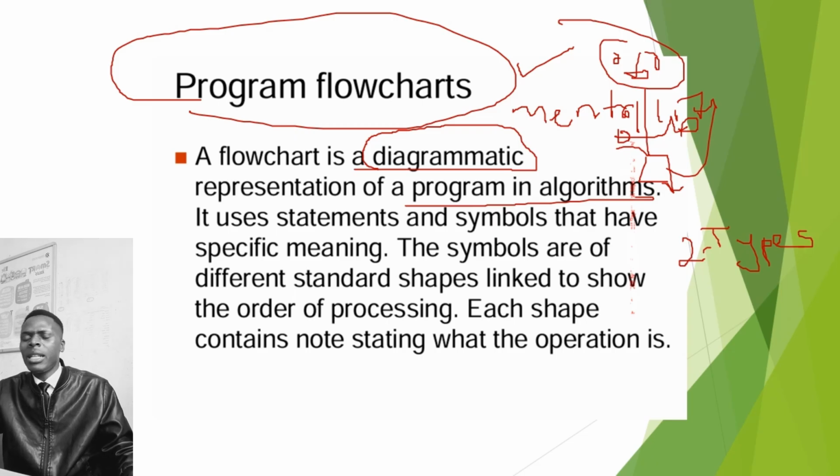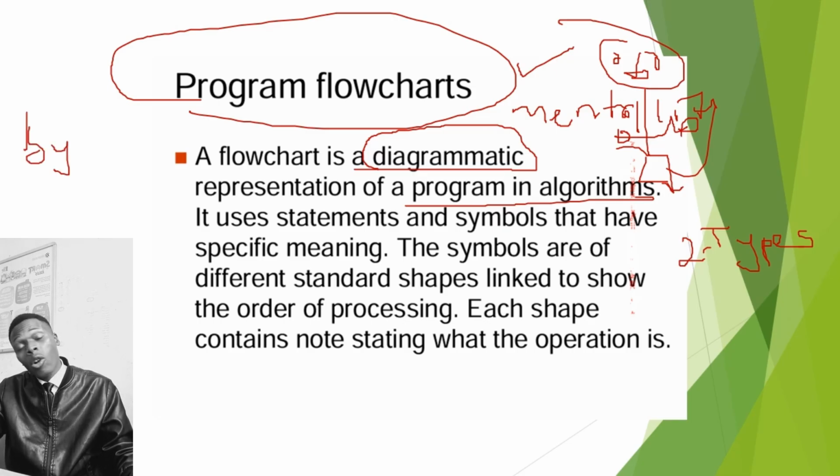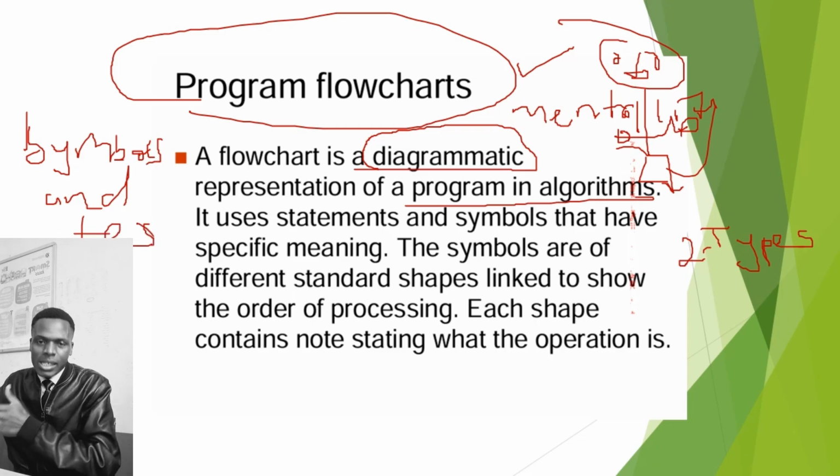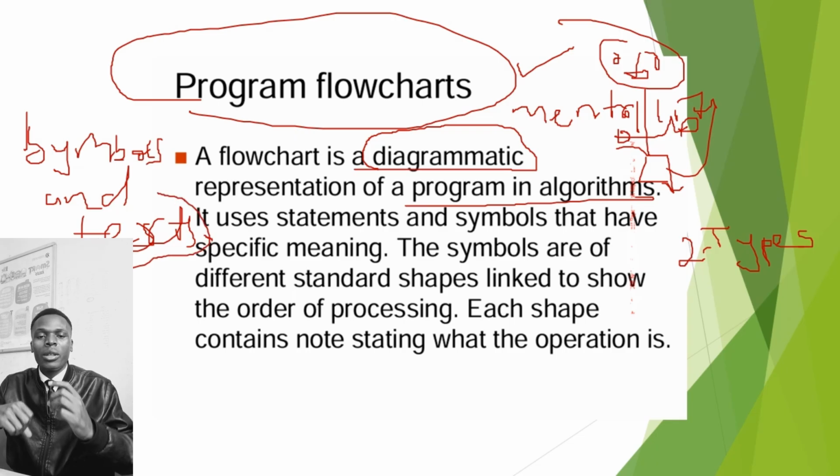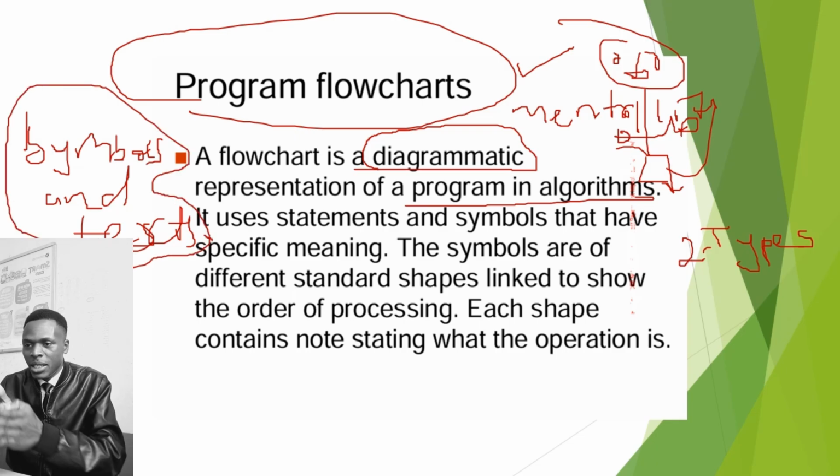What do I mean by diagrammatic? A diagram can have both symbols and text. Remember, a pseudocode is an English-like statement. There are no symbols and no diagrams. We only use English-like statements to design the algorithm.